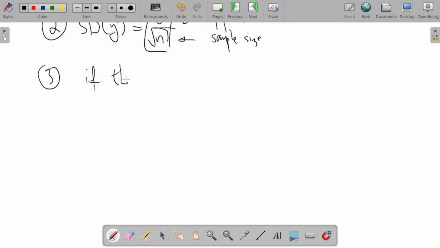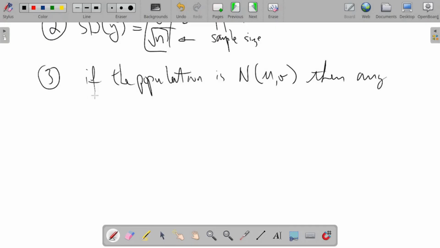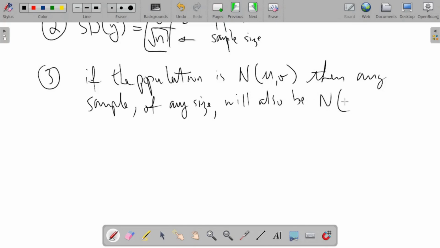If the population is, and here's that notation, normally distributed, then any sample of any size will also be normally distributed. Boom, there it is. Makes perfect sense, right?